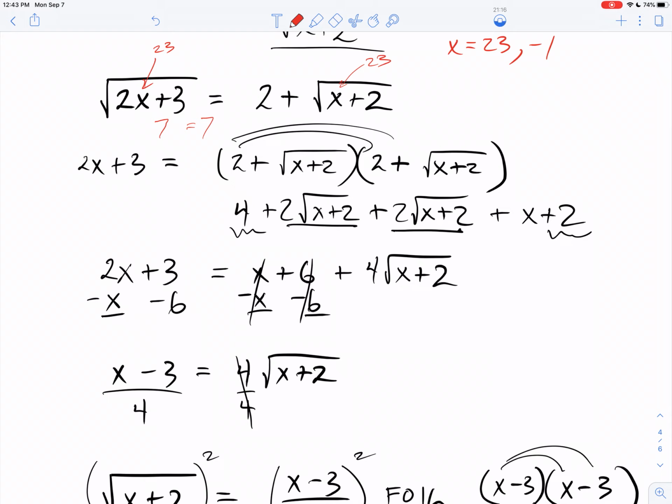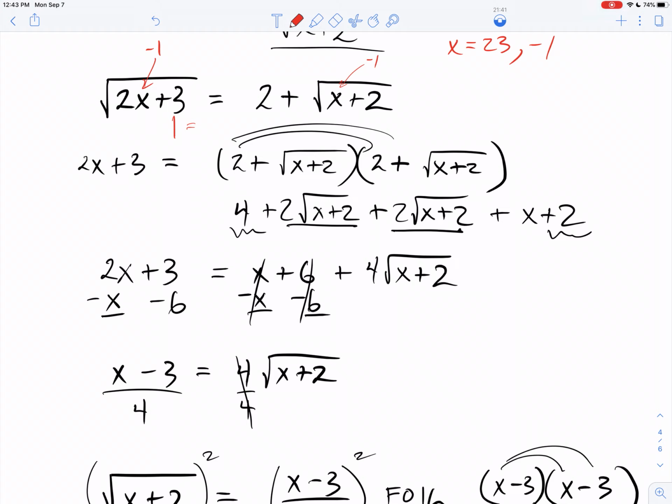If I plug in negative 1, let's go back. I'm going to now plug in negative 1. 2 times negative 1 is negative 2, plus 3 is 1. What is the square root of 1? It is 1. If I plug negative 1 in here, negative 1 plus 2 is 1.